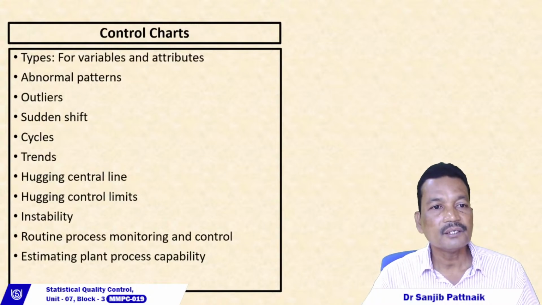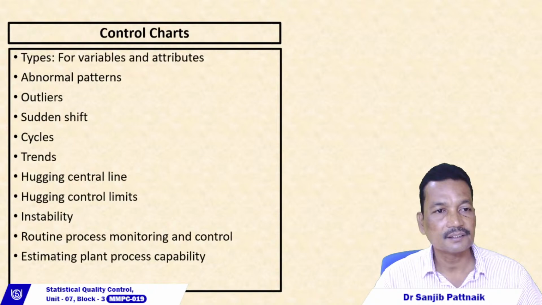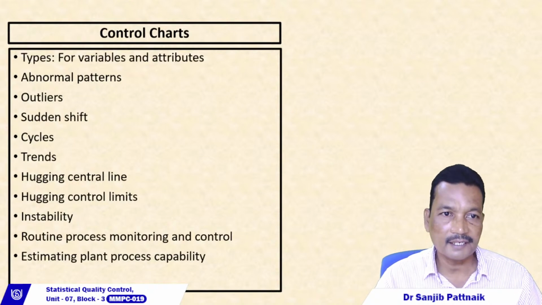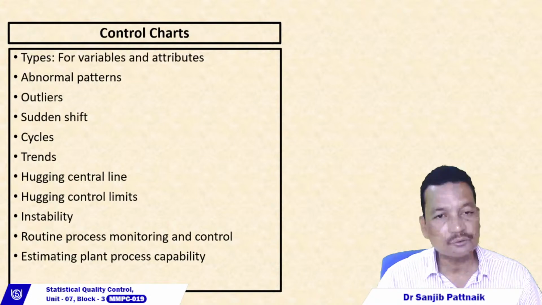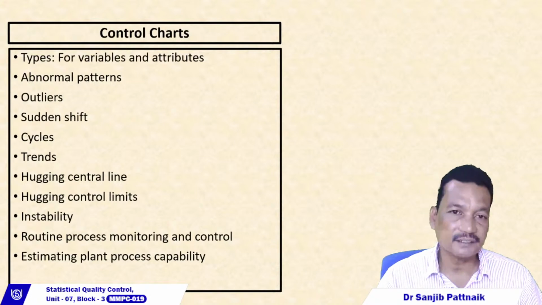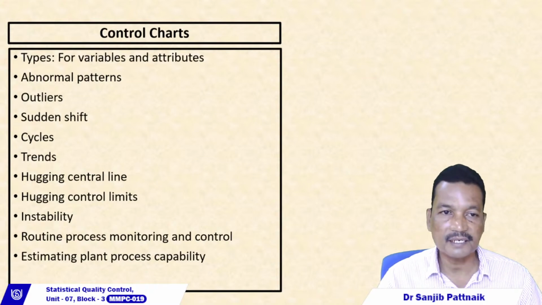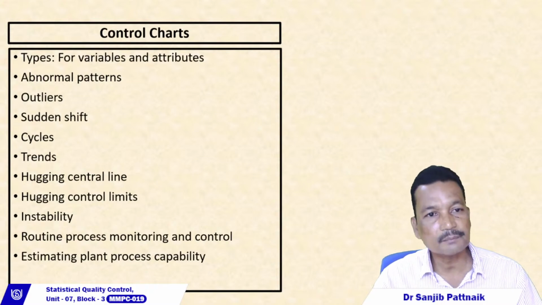Now, when we are talking of control charts, we can have it for variables, that means things that can be measured, and attributes that cannot be numerically measured. So for control charts, for variables, we have two types.